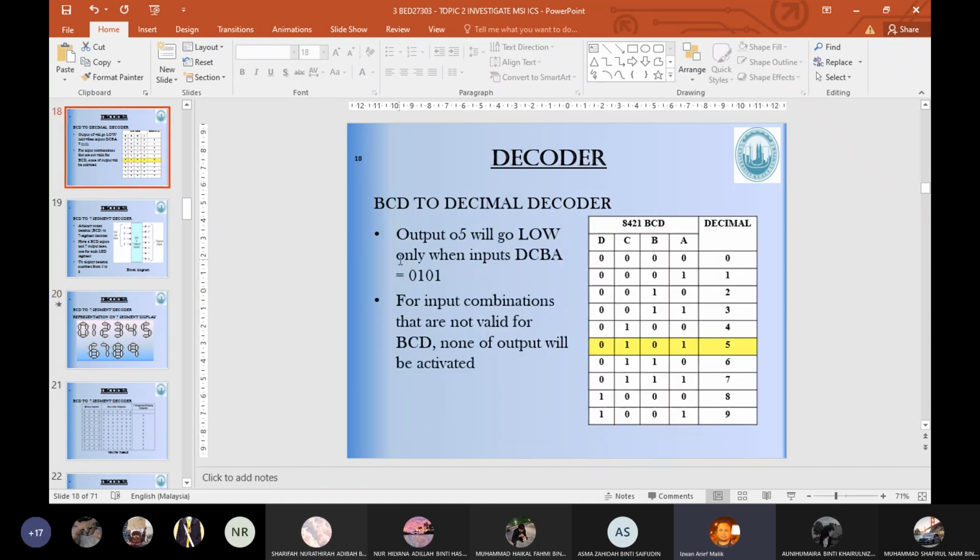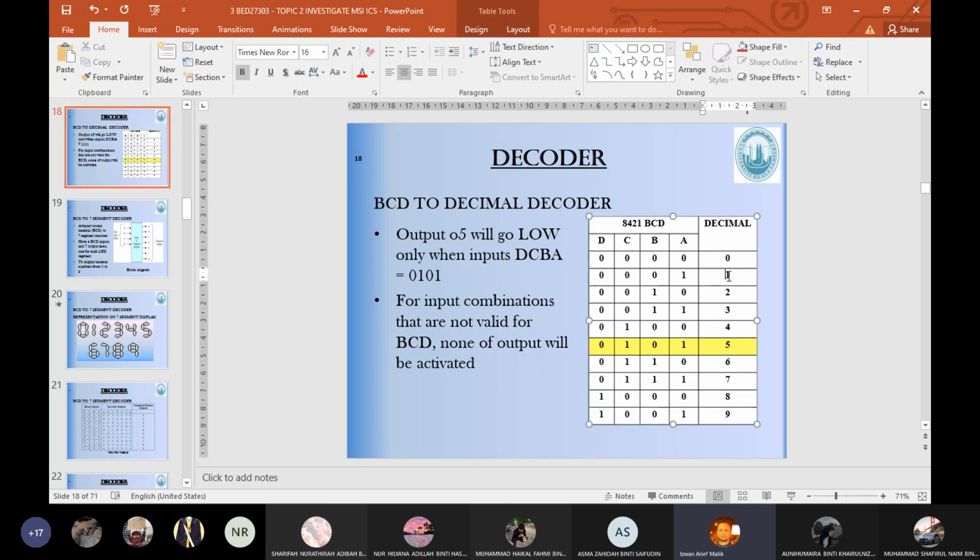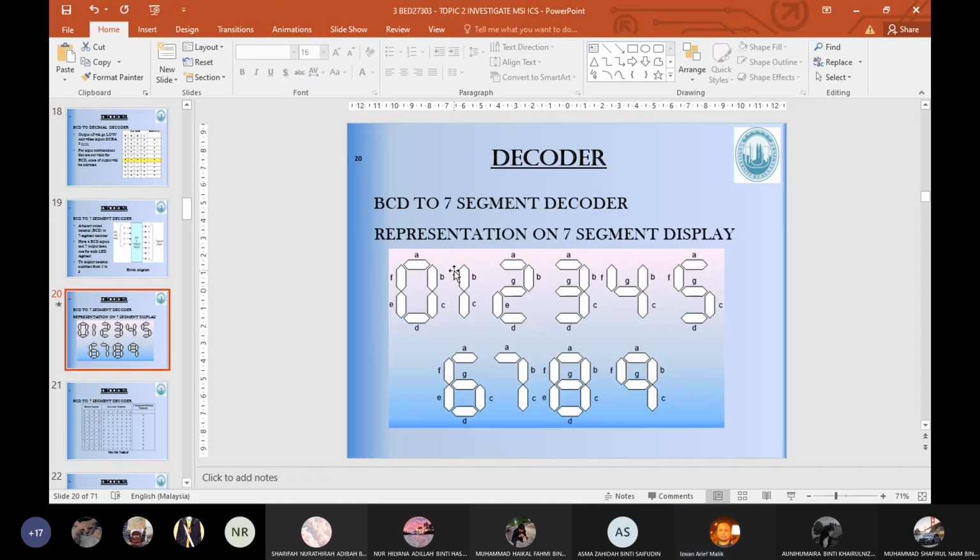So katakan sekarang input dia adalah 0001, yang akan keluar adalah 1. Okay. So bila nak keluar nombor 1 tu, means that B dengan C ni akan jadi kosong. The rest tu akan jadi 1. Dia terbalik kan. Okay, remember active low dia correspond kepada kosong. So yang kosong tu yang akan menyala. 1 dia akan padam. Kalau active high, 1 dia menyala, kosong dia padam.